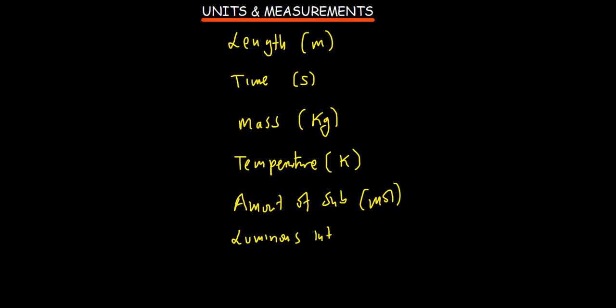What is the SI unit? Candela. Okay. CD. And then what is the last quantity? Yes, very good. So we have got current. And then what is the SI unit?